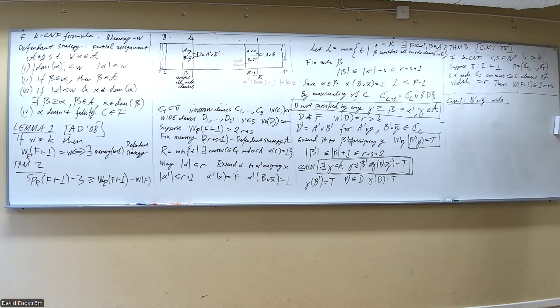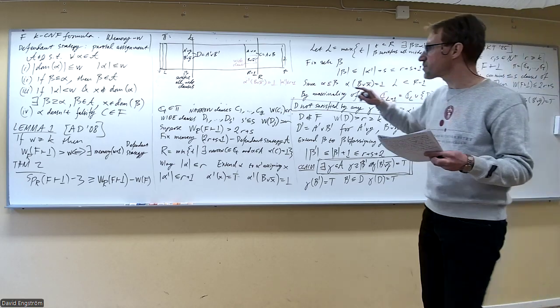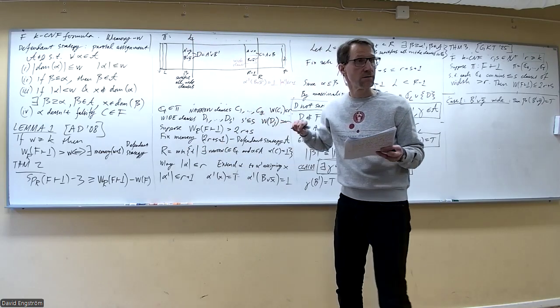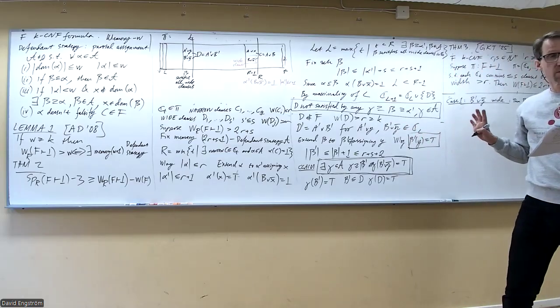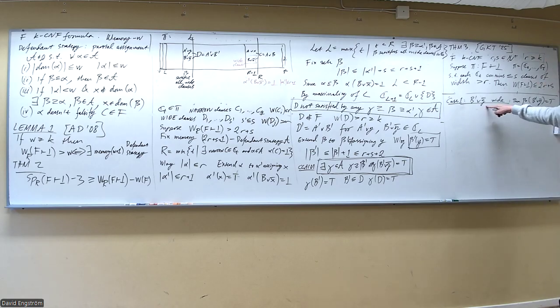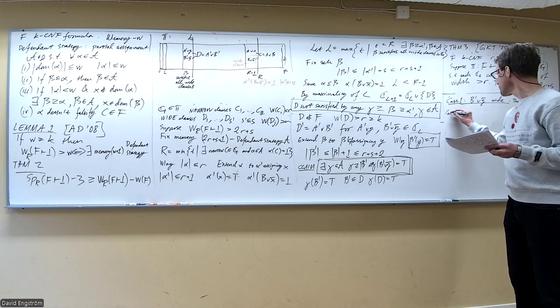Okay, but then we're done. Then definitely beta satisfies B prime or not Y, because at this point, beta satisfies all Y clauses in this configuration. Are you with me? So clearly B prime or not Y cannot be a Y clause. Okay, so then it has to be narrow.